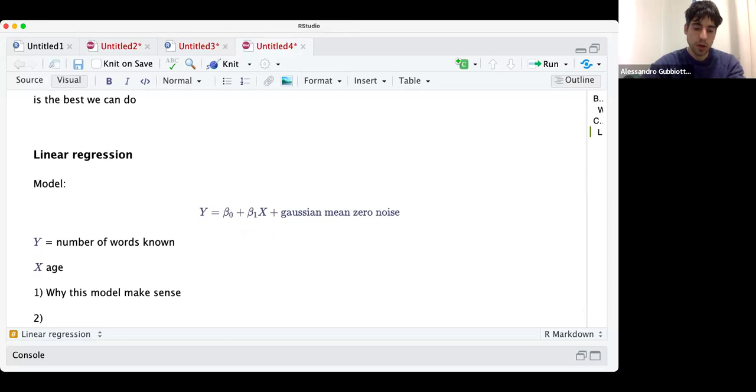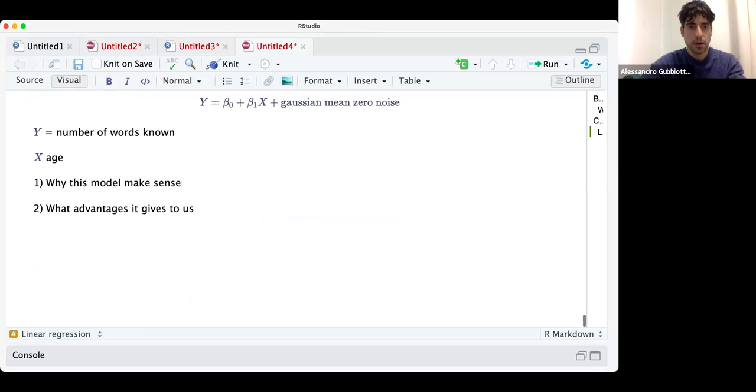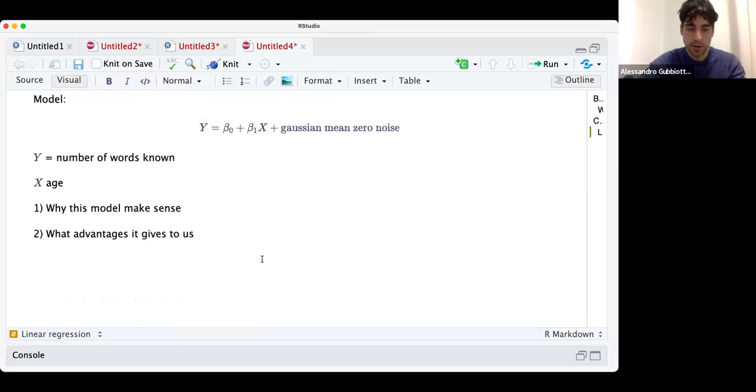Two, how to estimate it and what advantages it gives to us. And three, how to do inference on this model.